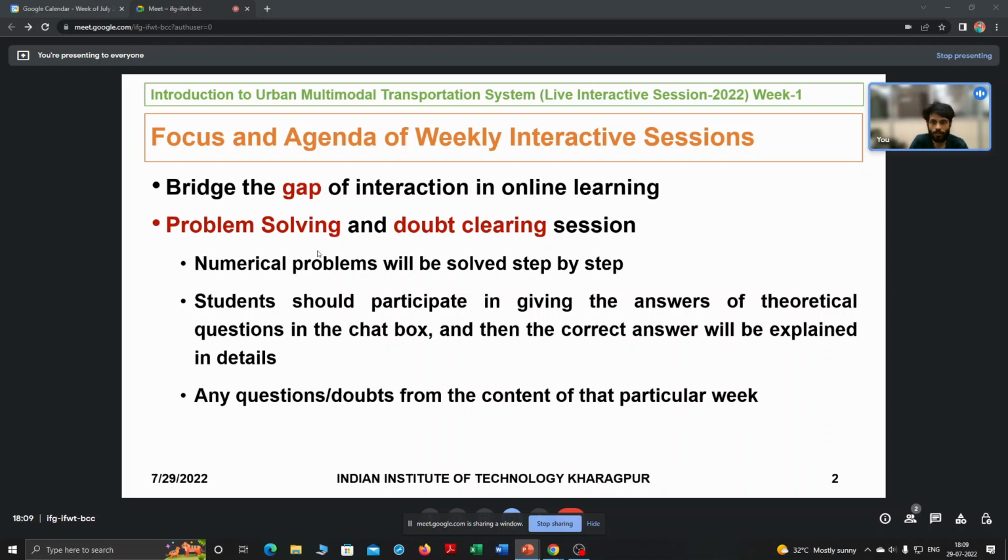So this will be a problem solving as well as doubt clearing session, where the numerical problems will be solved step by step, and then for the theoretical questions, students can first participate by giving the correct answer in the chat box, and then I will explain the correct answers later on.